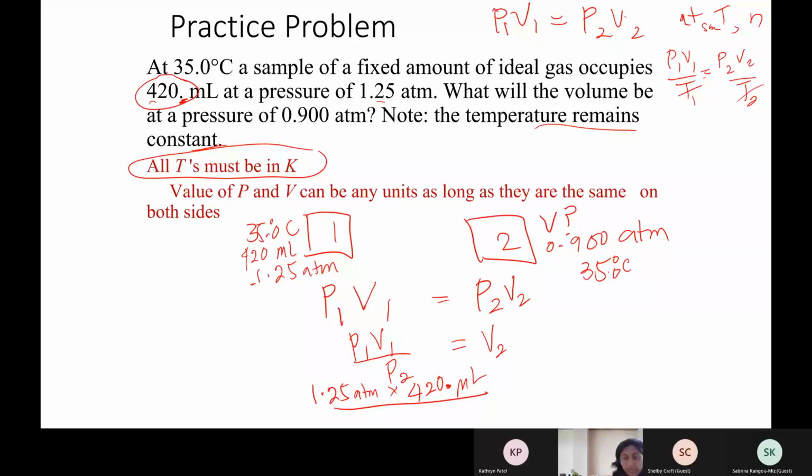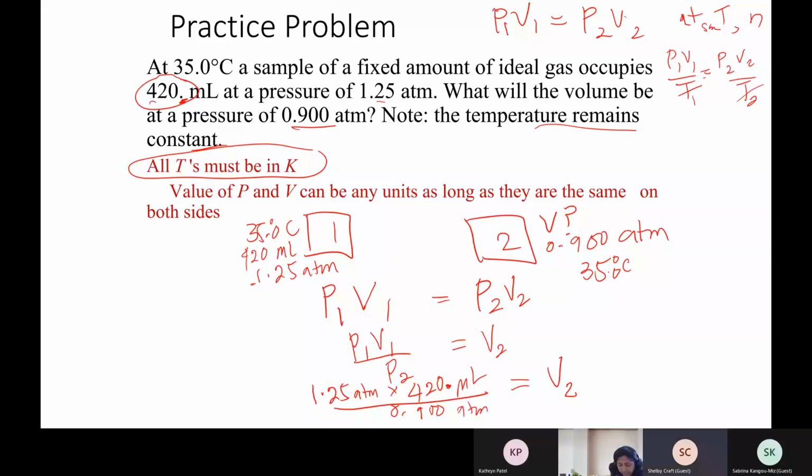And what is P2? Yes, 0.900 atm. Okay, now I hope you can find the answer for this. You can all use your calculators and try to get the answer now.